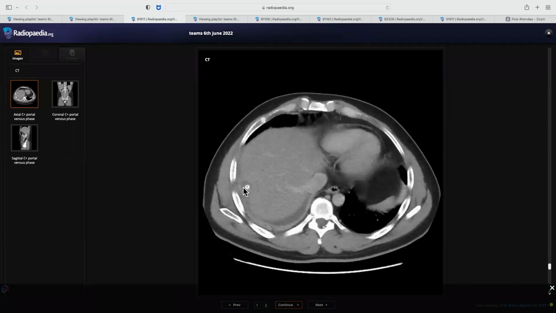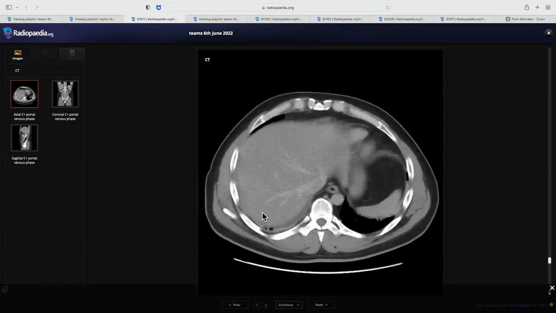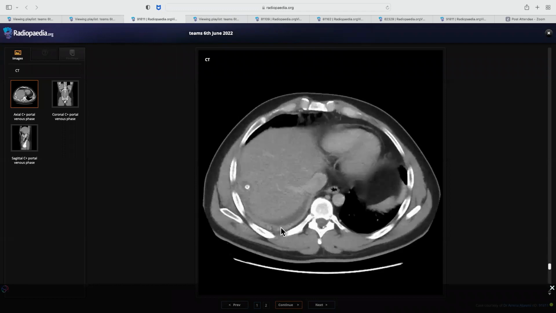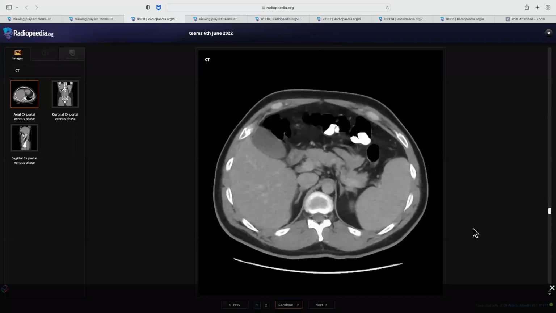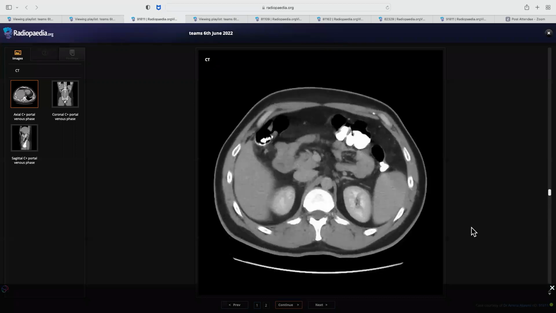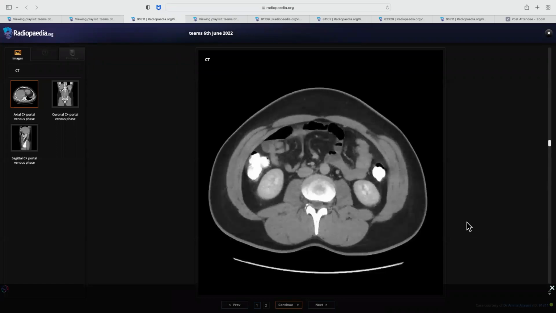I can see that there is a hyperdense foreign body seen within the tissue of the liver, on the right lobe, and there is free fluid seen surrounding this. It's not free fluid, I think it's subcapsular fluid. I will go through the rest of the study.